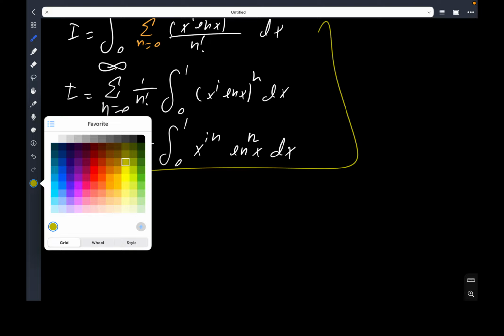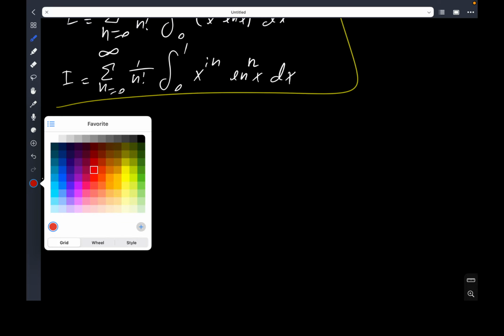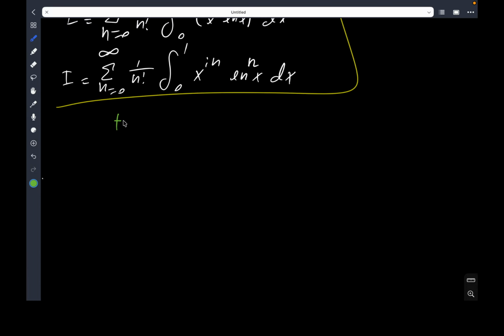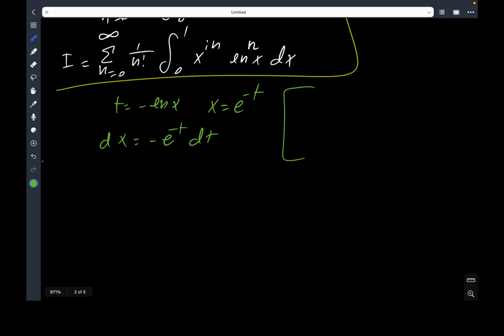Now I'm going to define a variable substitution here to make this work simpler. I'm going to define t to be negative ln x, and as a result x is going to be e to the negative t. Thus dx is negative e to the negative t dt, and my bounds: when x equals 1, t equals 0, and when x equals 0, t equals infinity.